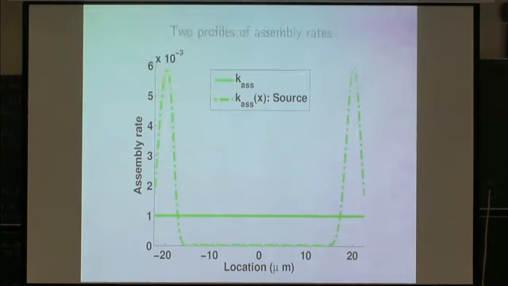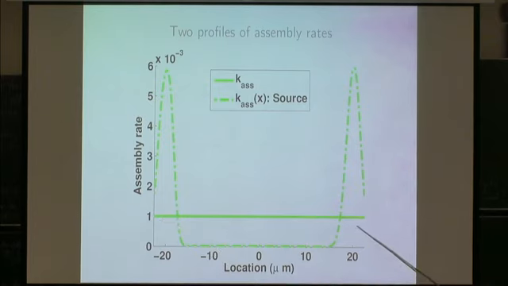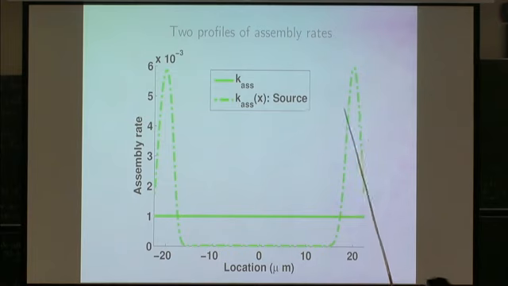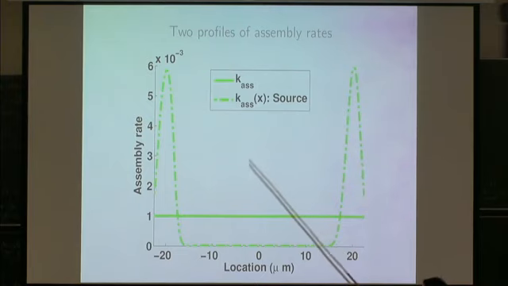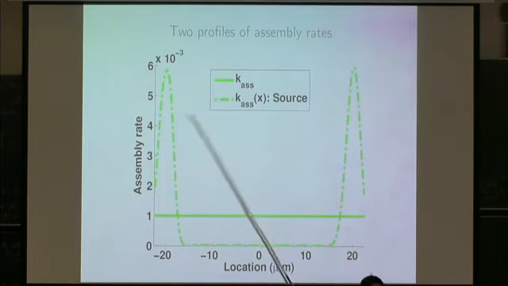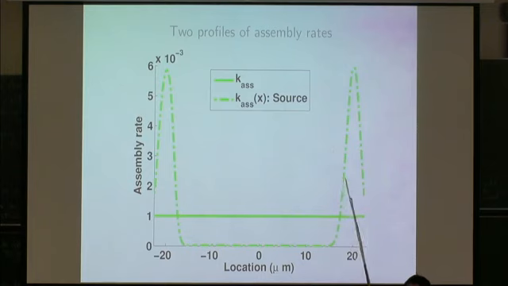For the rate of assembly, we assume a first possibility where everything is constant all over the cell, or we take exactly the same shape as the source region from the data. Here again, we have some fitting to do to estimate the level of this one and the level of this peak, but the shape is not going to change. The shape is obtained from the data.